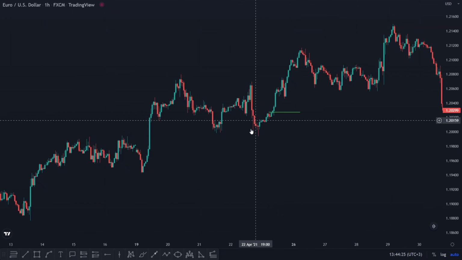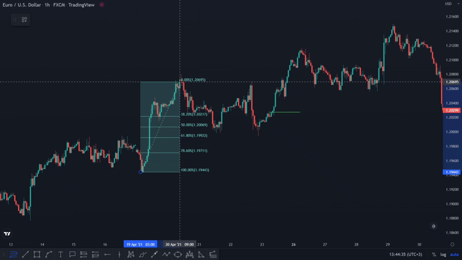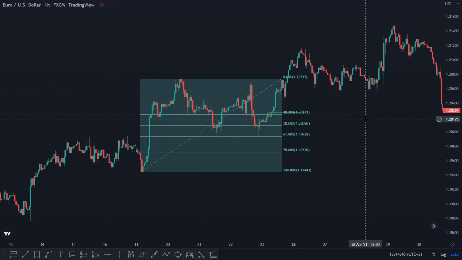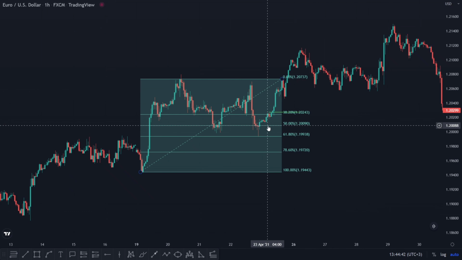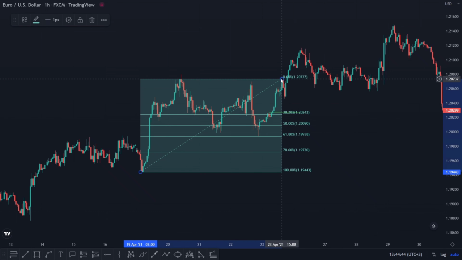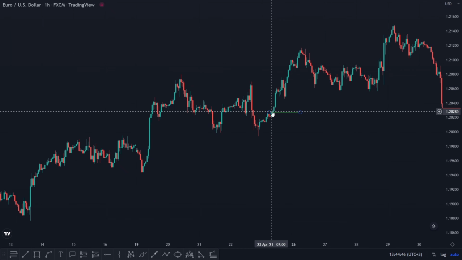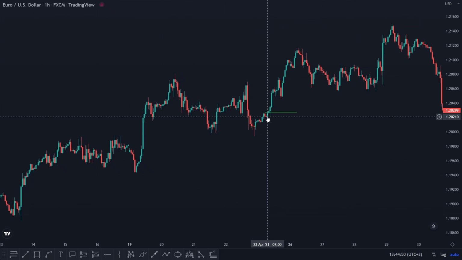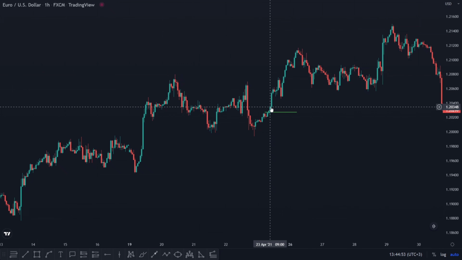At this particular point here, there are several ways that you could have identified your bullish trade. For example, if you use your Fibonacci retracement from this to that point, remember the Fibonacci retracement only has 2 points. You can clearly see that this is the 50% level, so this is a good zone to look for a buy trade. After the 50% level, we had a small consolidation and a breakout, another very tiny consolidation, and a breakout.